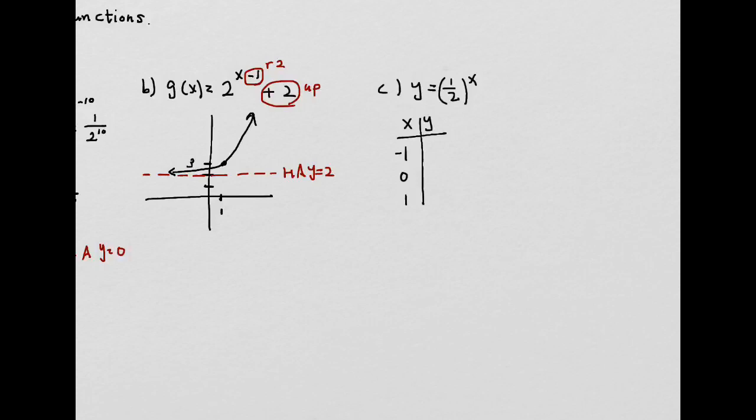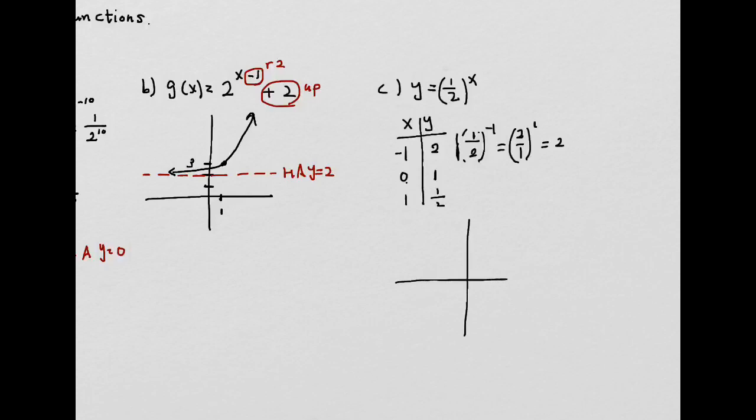So when x is negative 1, it's 1/2 to the negative 1. And we know that in order to get rid of a negative exponent, we flip the base. So this becomes 2/1 to the first exponent, which is just going to be 2, right? And when the exponent equals 0, any number to the 0 exponent will be 1. When x equals 1, it will be 1/2.